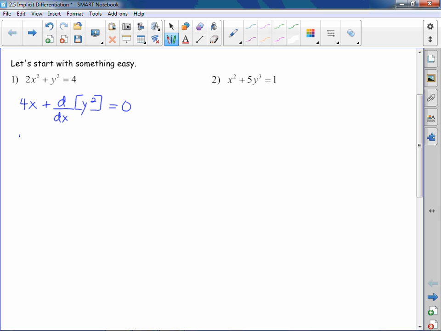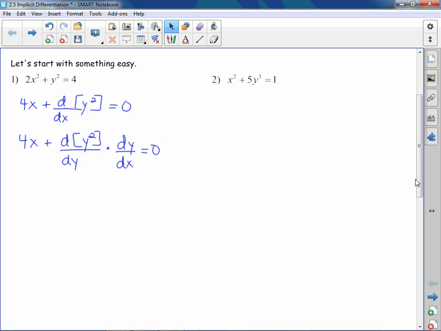And what we're going to do next is we're going to use the chain rule. We want to take the derivative of y squared with respect to y, but we have to multiply it by dy dx so that the chain rule will work. Let's take a look at that. What does the chain rule say?